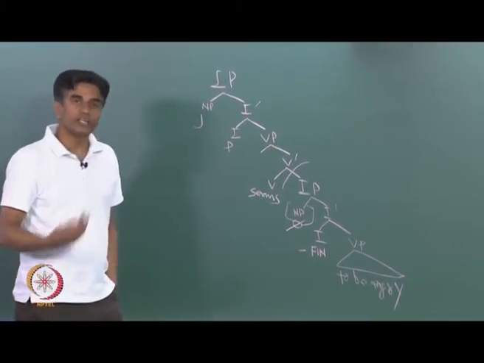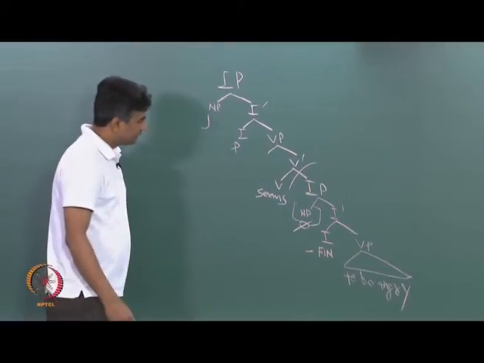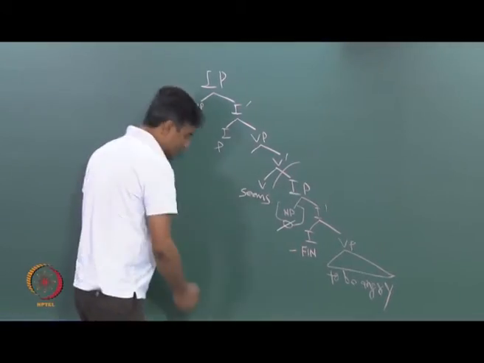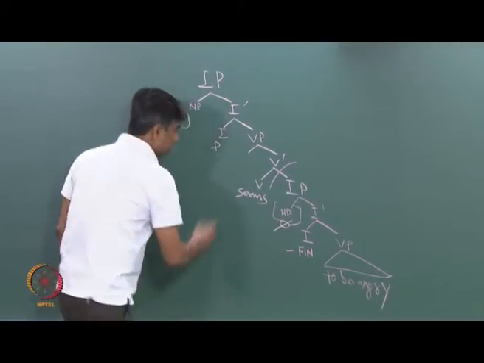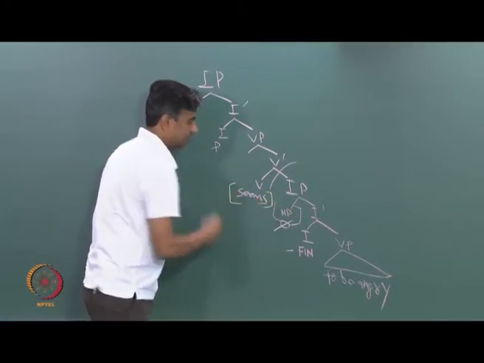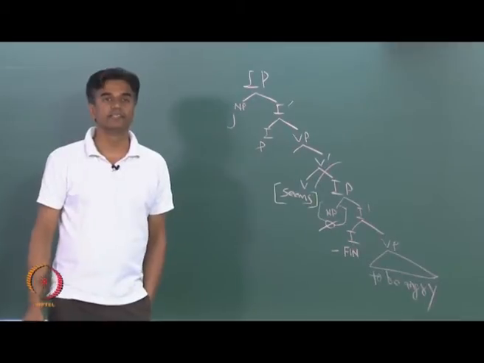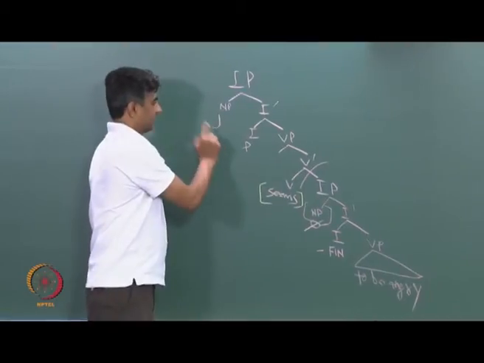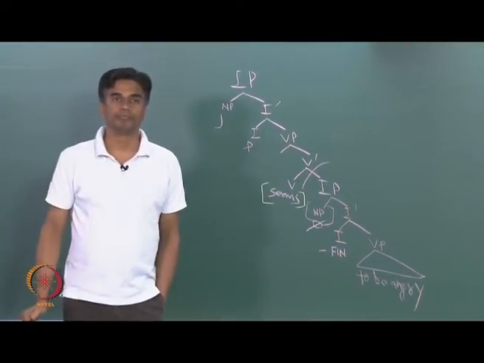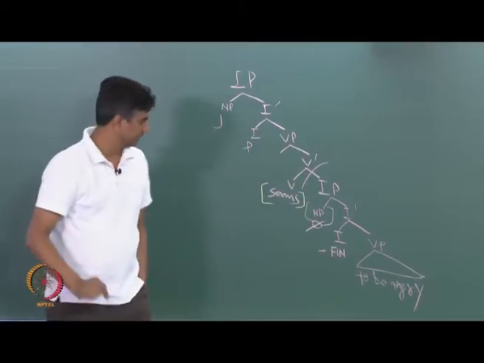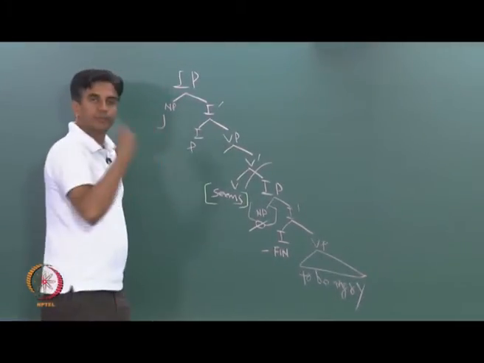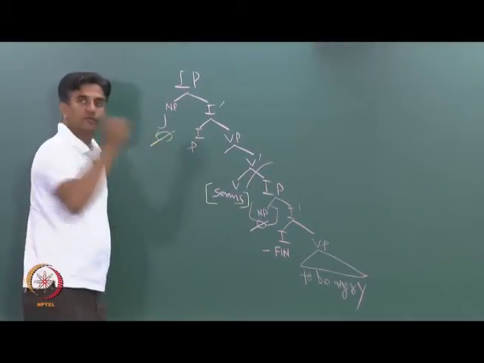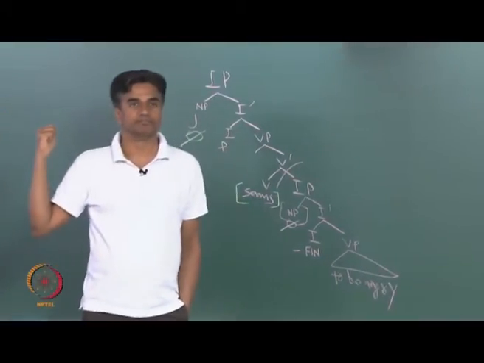So the story here is the following. Actually this verb seem has the same problem, that it cannot assign a theta role to its spec IP. And so to begin with, this is not there. That is what you see on the screen in the deep structure.